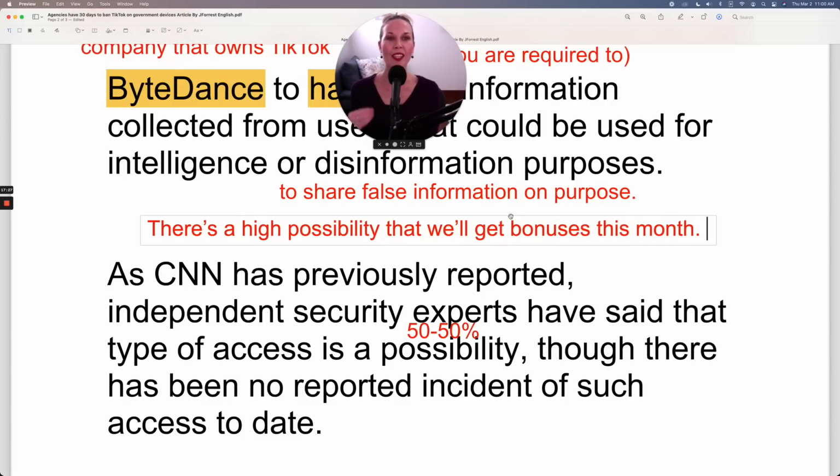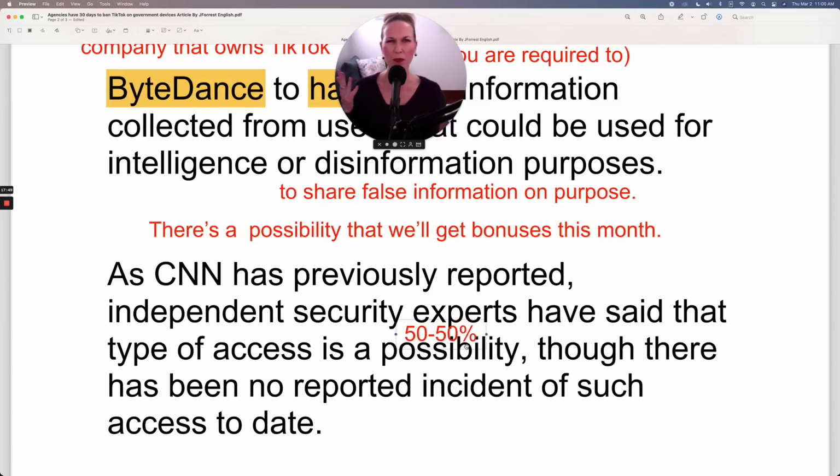A bonus is money additional to your paycheck. So you get your paycheck and then you get more money, bonus money, usually because performance was really positive. Now, if I say there's a possibility, to me, again, like I said, it sounds like 50-50.